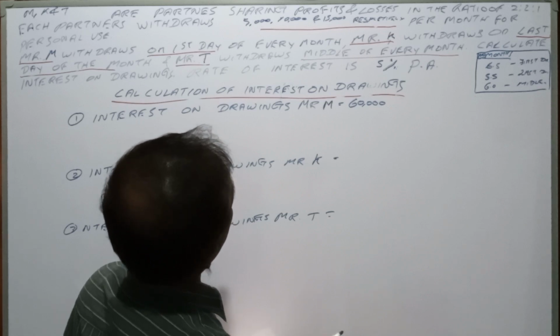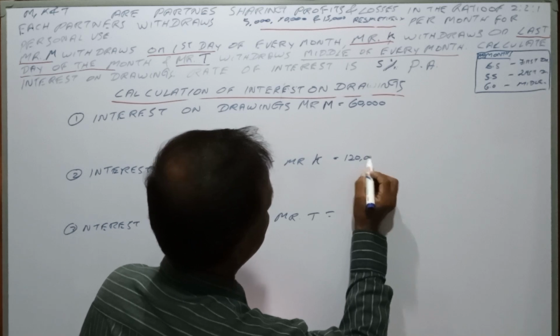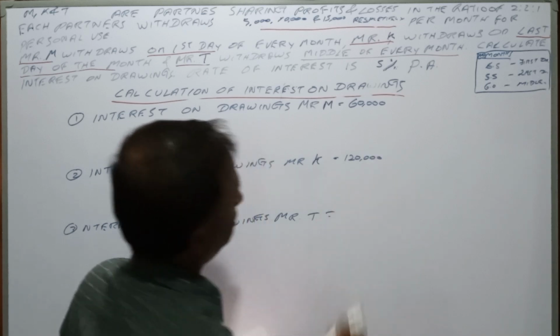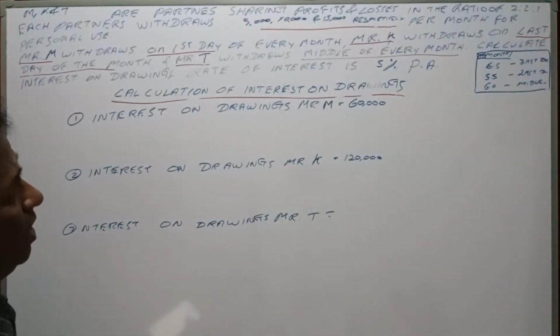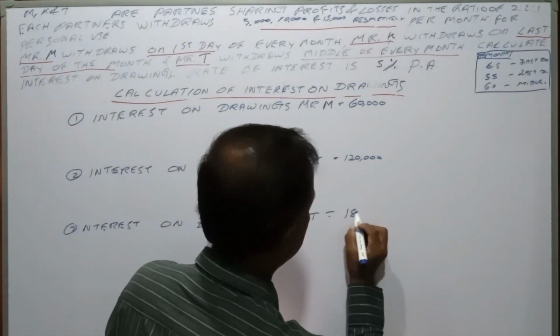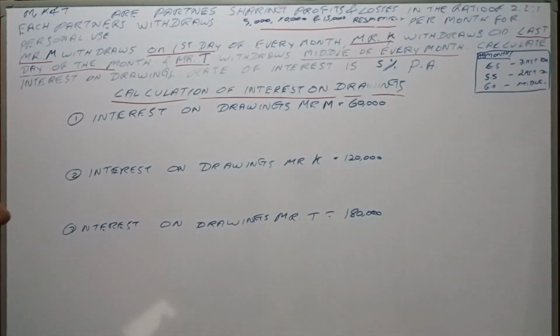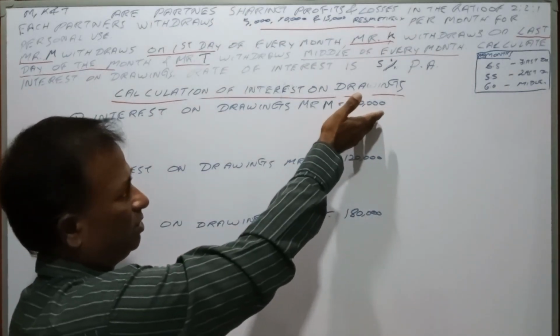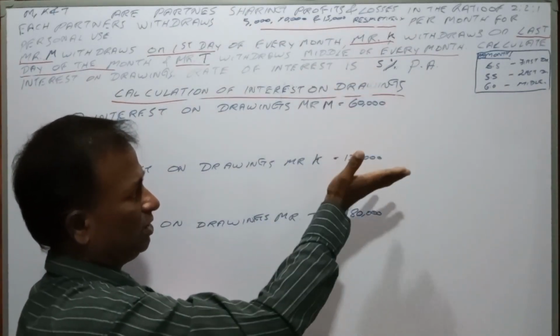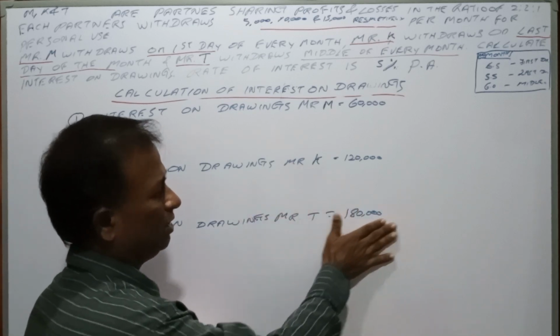K is 10,000 per month means 120,000 per annum. Other person is 15,000 means 180,000 per annum he would have withdrawn. M withdrew 60,000, K withdrew 120,000, T withdrew 180,000.